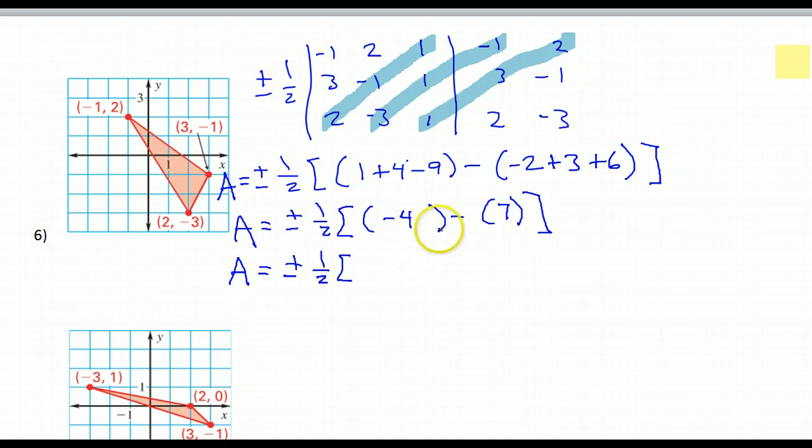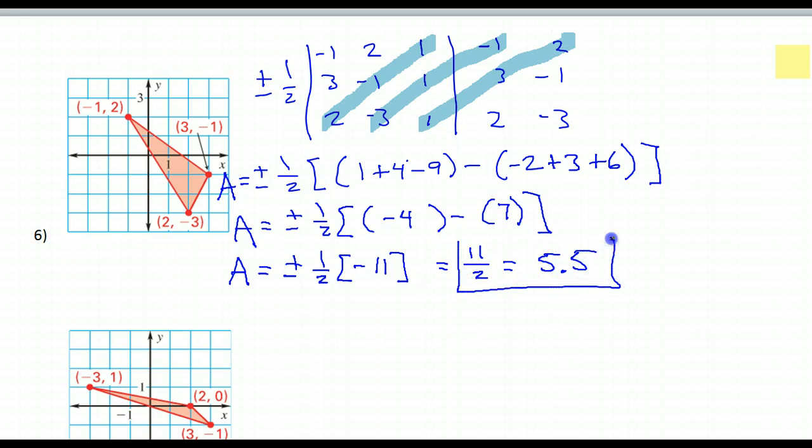Okay, so that is negative 11. Negative 4 minus 7 is negative 11. Okay, so that's going to give me 11 over 2, which is 5.5. Okay, that is the area.